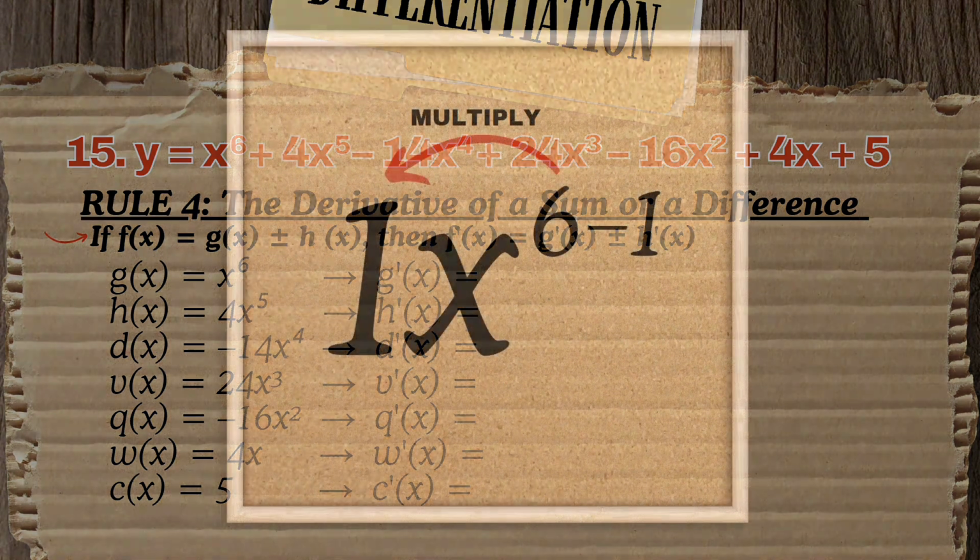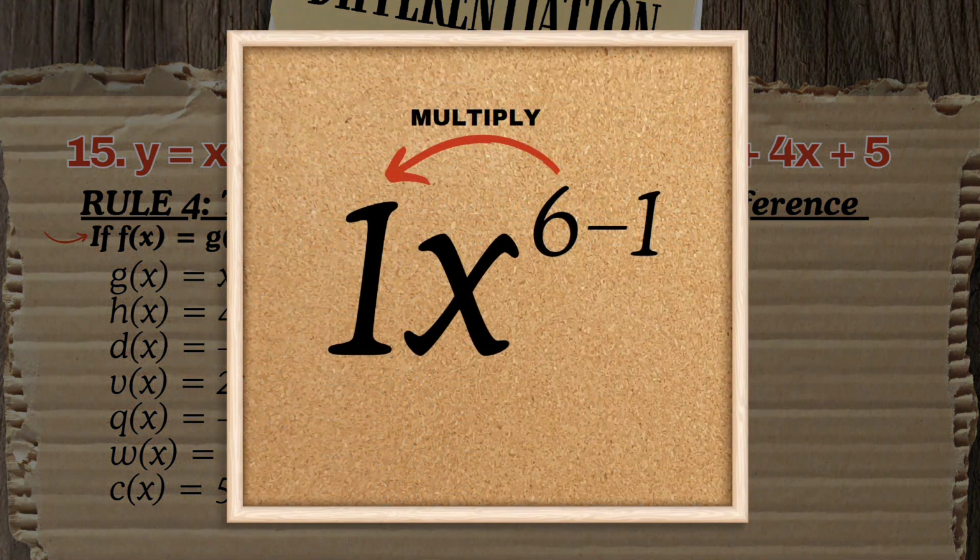For the derivative of x raised to 6, i-multiply natin yung exponent na 6 sa numerical coefficient na 1. So 6 times 1 is equal to 6. Copy the x, then babawasan ng exponent na 6 ng 1, it will be 5.